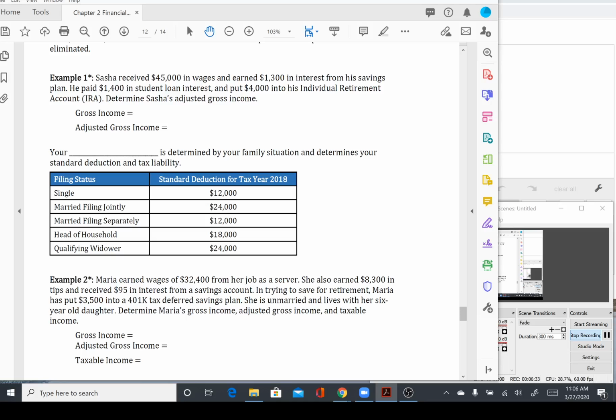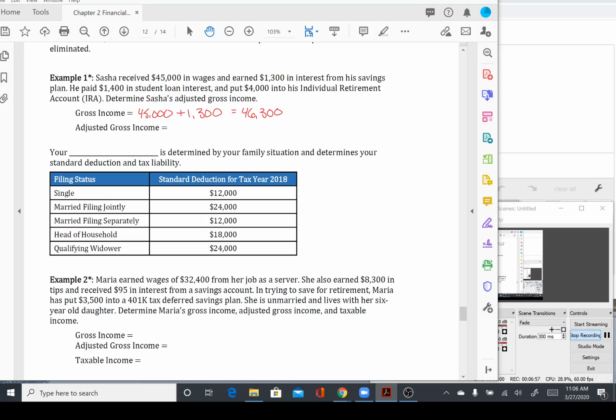Determine Sasha's adjusted gross income. So Sasha's gross income is all of the money that Sasha made. So it's the $45,000 plus the $1,300. Right. So Sasha's gross income is $46,300.